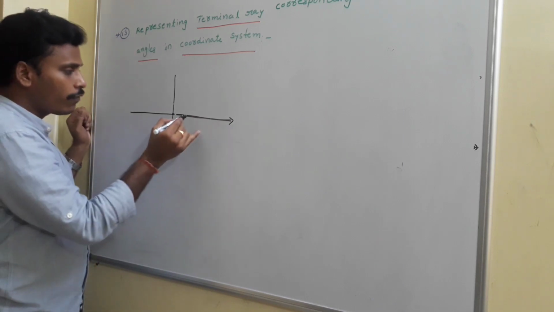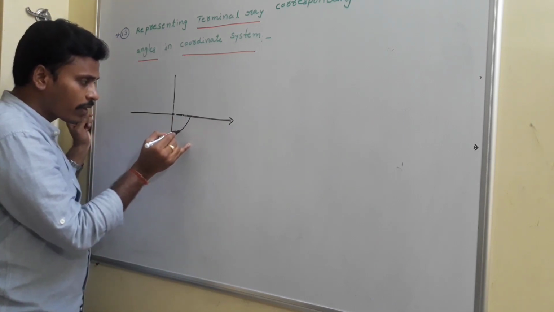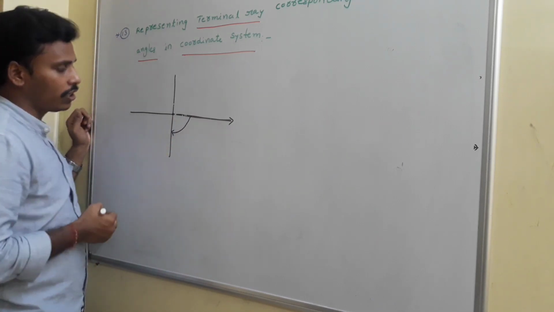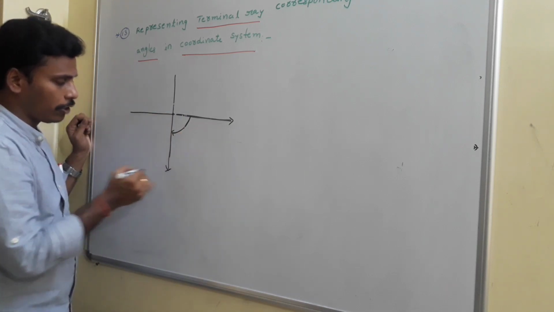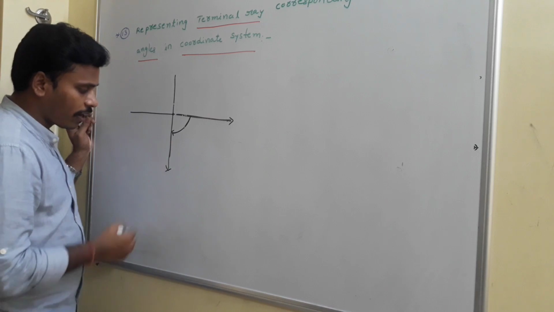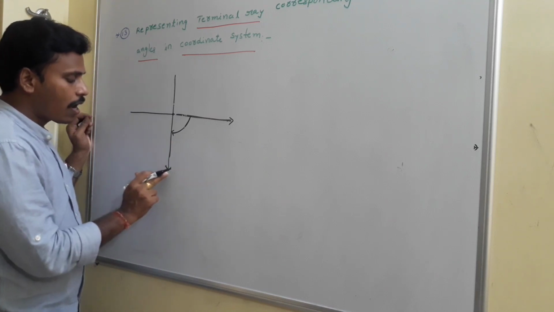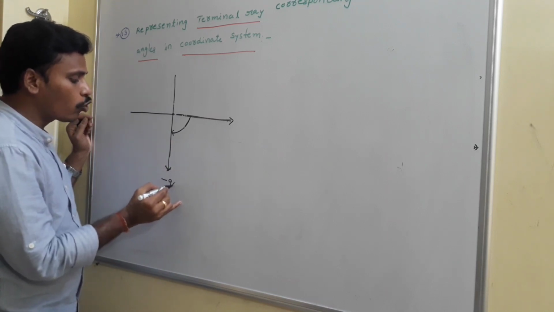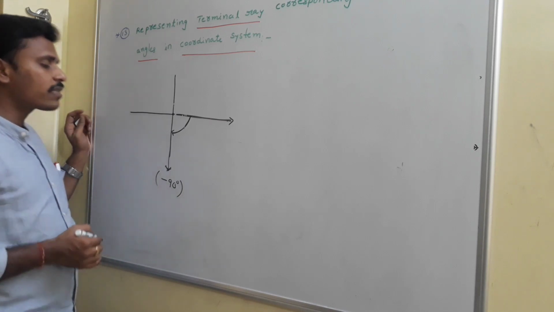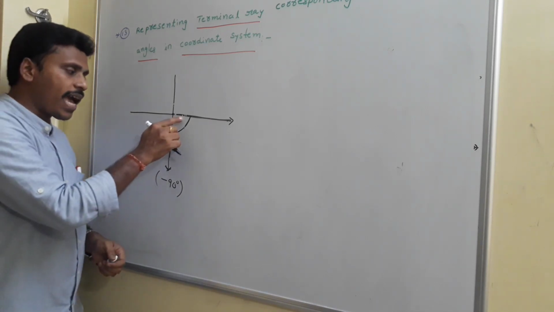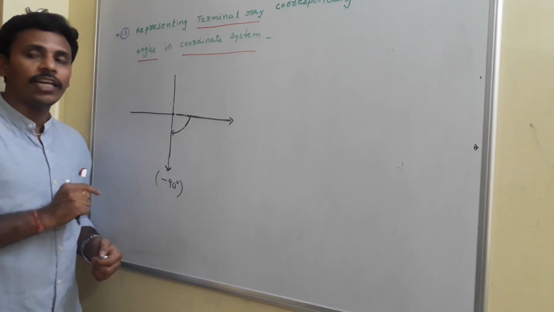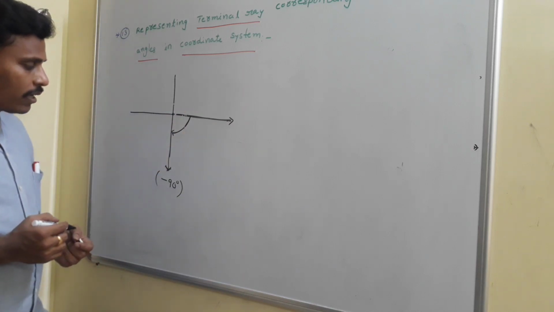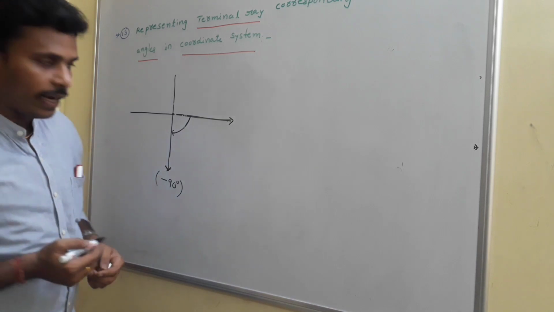Suppose you rotate this positive x-axis in clockwise direction up to this position, right? So this is the initial ray, and this is the final ray, and the angle corresponding to this final ray is minus 90 degrees. Actually, the angle between these two is 90 only, but the rotation is in clockwise direction. That's why the angle is minus 90 degrees.